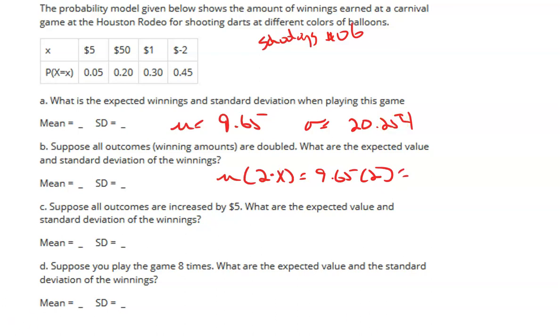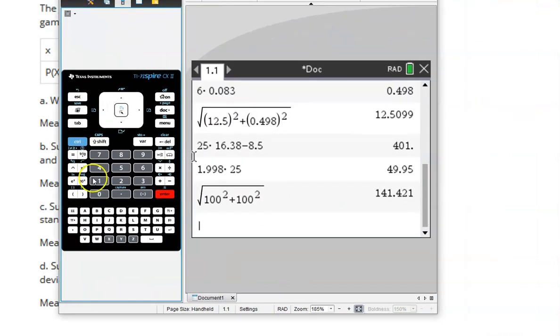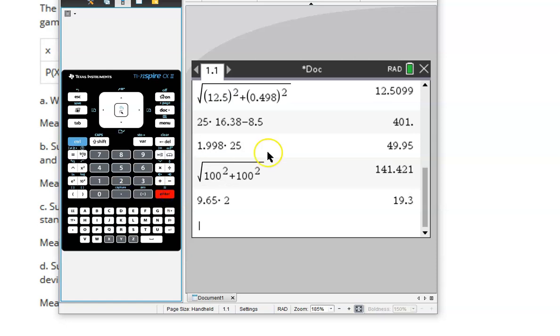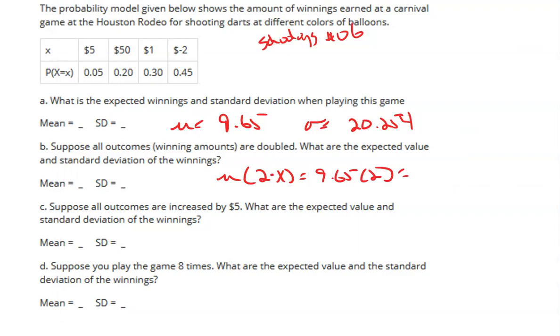times 2. So get a calculator and do 9.65 times 2, and you get $19.30. So 19.3 would be the answer for B. And the standard deviation on this one, we're actually doubling the standard deviation as well, right? Since you're doubling the amounts, you're just doubling the standard deviation.